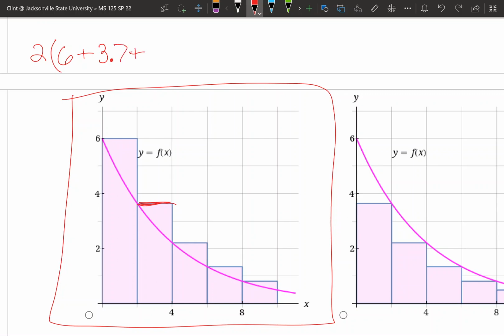And the next one's a little bit over 2, so what do you say? 2.1, okay. And then this one's a little over 1, maybe like 1.3 or something like that. And then the last one's a little under 1. 0.8. Okay.